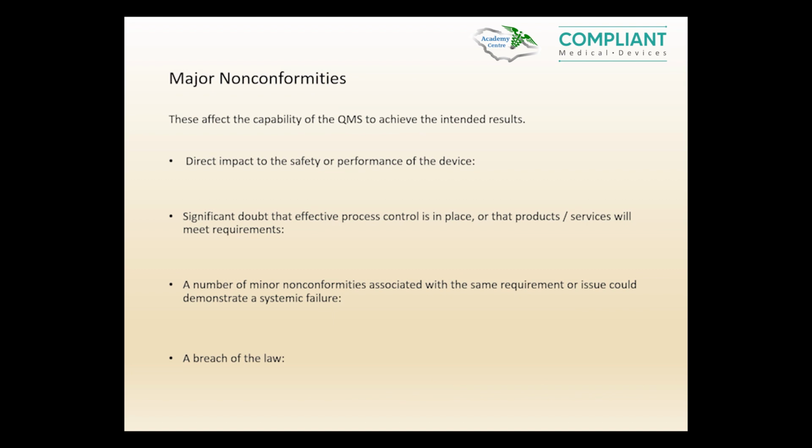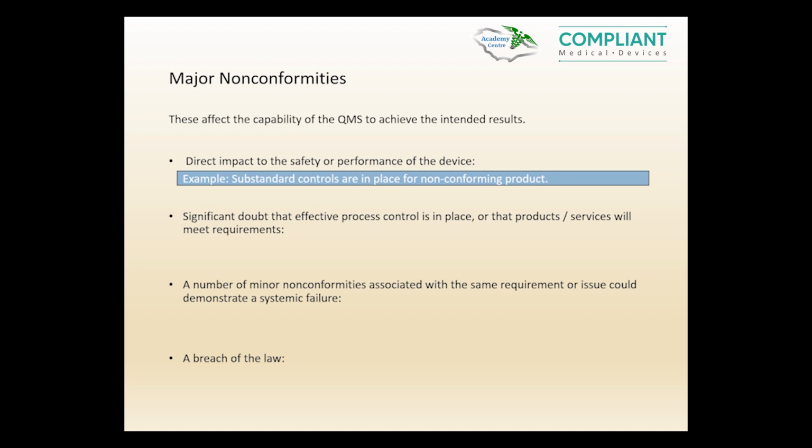Starting with the major nonconformities, these affect the capability of the QMS to achieve intended results. Number 1, direct impact to the safety or performance of the device. Example, having substandard controls for non-conforming product.